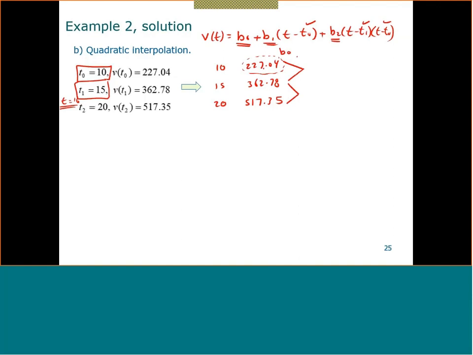Now I will find b1, which is basically 362.78 minus 227.04 divided by 15 minus 10. And the other number is 517.35 minus 362.78 divided by 20 minus 15.